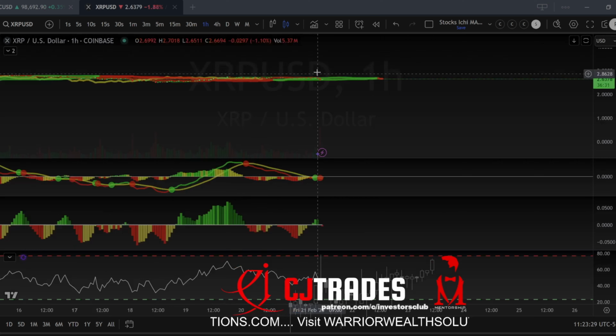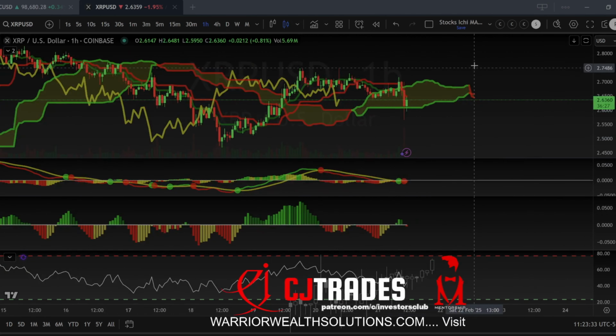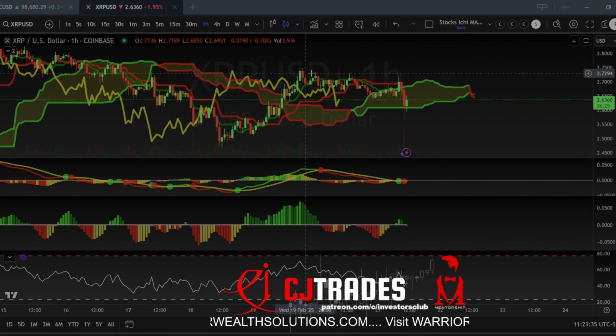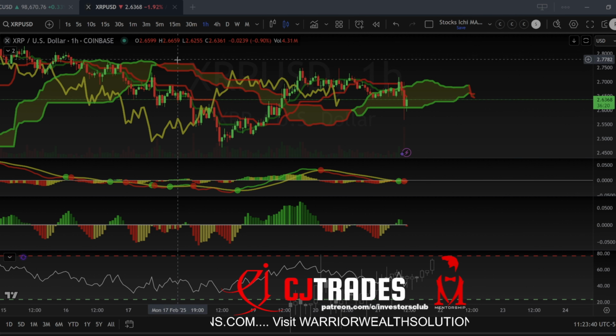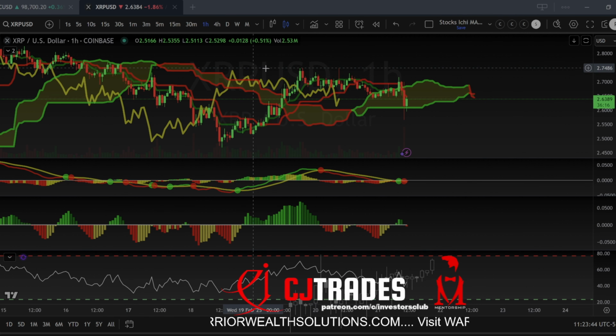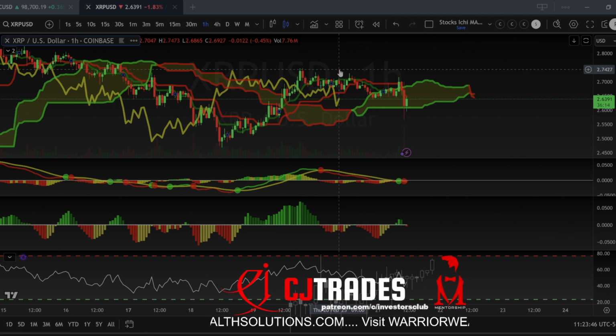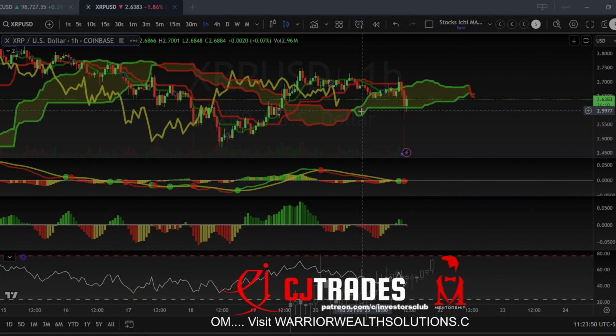Once we zoom in on the 1 hourly, we want to look at a couple areas where candles are bouncing off the same areas. We got one right around here, two here, one here, and then vice versa. A couple points right here and down here.